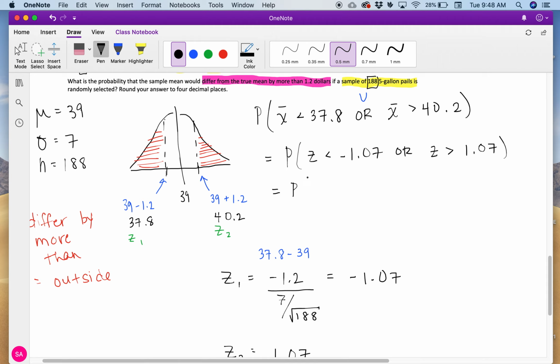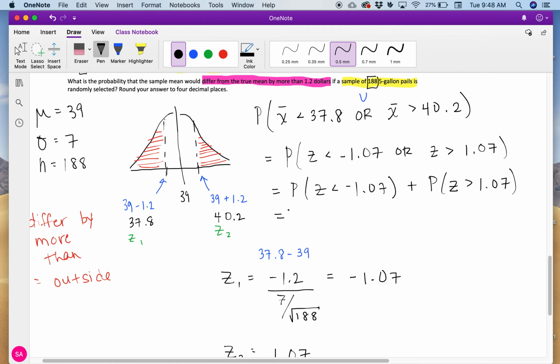So we want the probability of Z being less than negative 1.07 plus the probability that Z is greater than positive 1.07. We're going to add these two areas separately. This area to the left and then this area to the right.